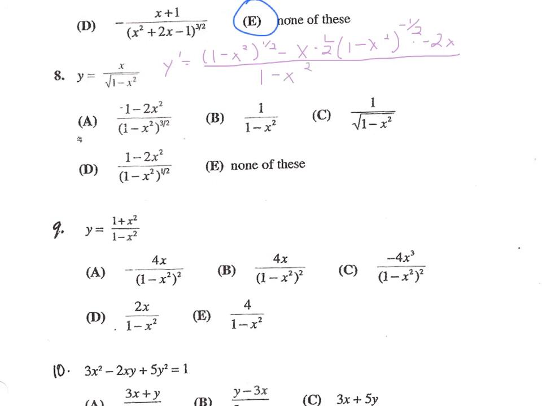So we're going to have to work on simplifying this a little bit to get it to look like one of our choices below. So, let's see here. Looks like we can factor out a 1 minus x squared to the negative 1/2. And then we'll see what we have left in the inside. So if I factor that out, that will make the first one a 1 minus x squared to the first power, since 1/2 minus a negative 1 would be 1.